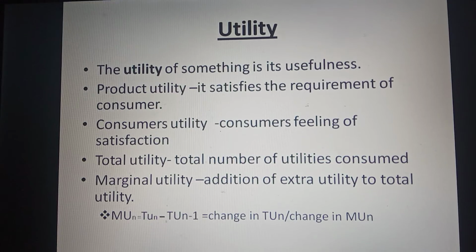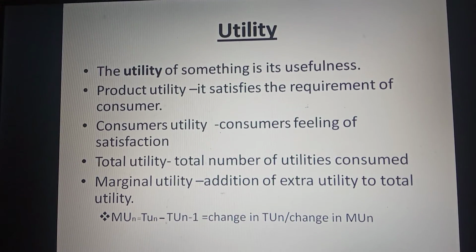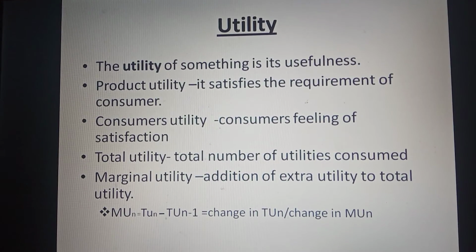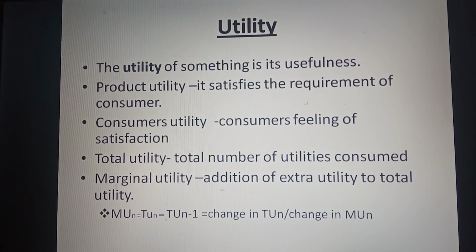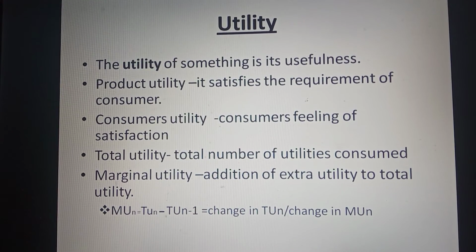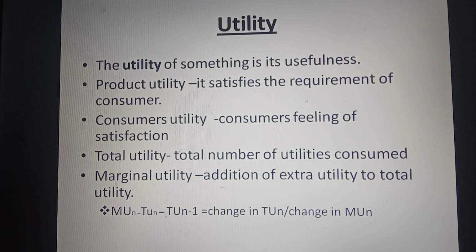We can calculate marginal utility with this given formula: marginal utility of nth unit is equal to total utility of n minus total utility of n minus 1, or change in total utility divided by change in the number of units. This was all about utility.